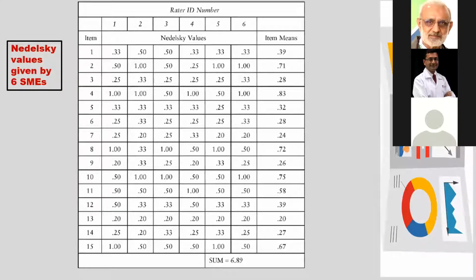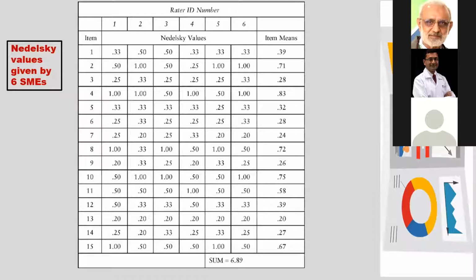If you look at this table, there are 15 items. There are 6 SMEs or assessors, and each one gives a Nedelsky value. For example, for item 1, the first assessor gives 0.33, and the second and third assessors give 0.5 each.